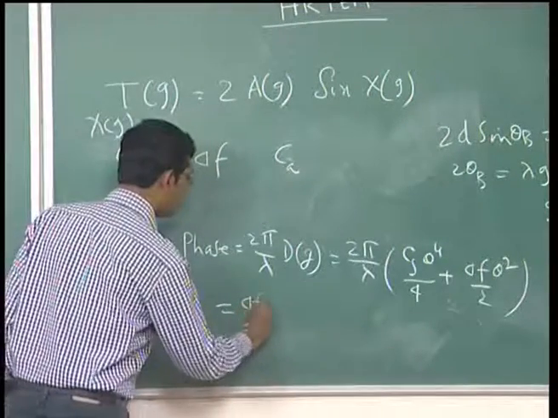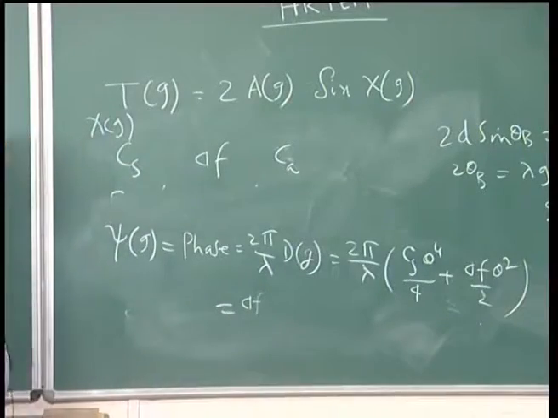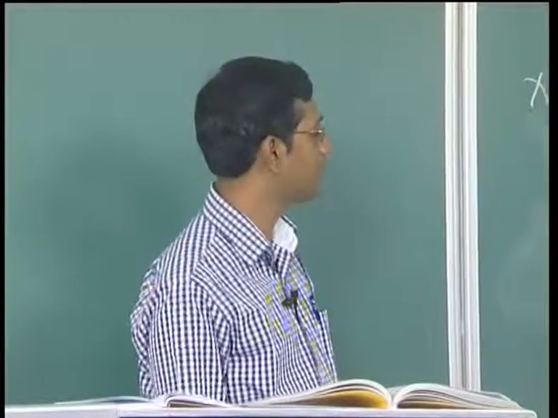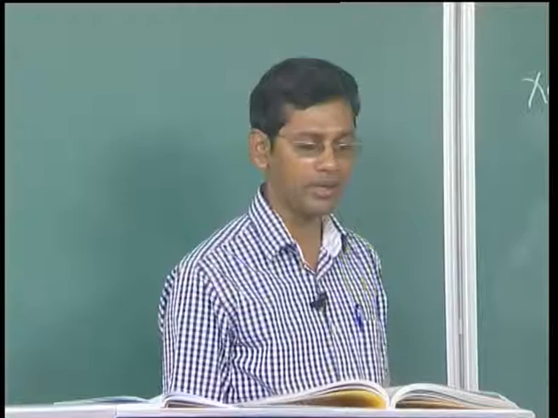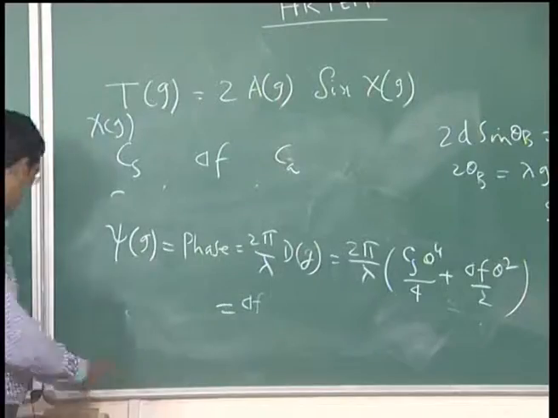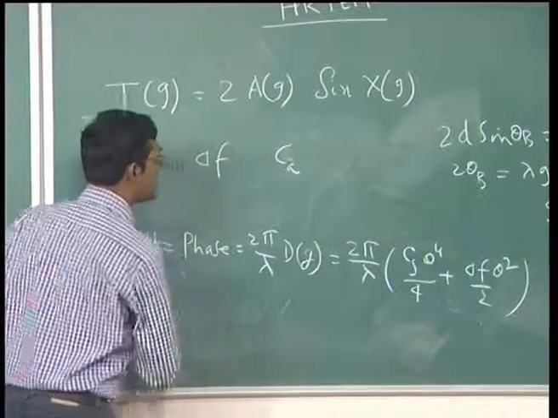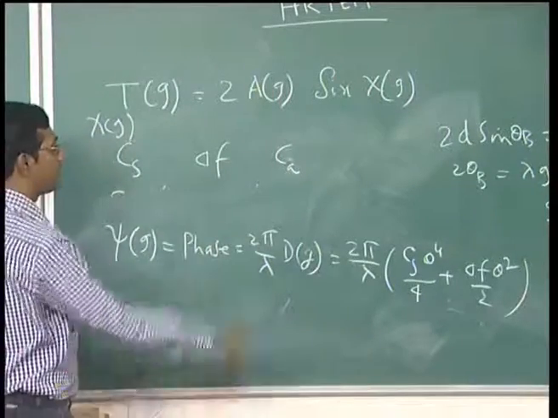So, delta f into lambda square. Now, we can convert this theta into lambda, as you can see from there.